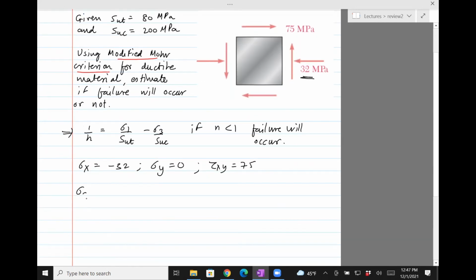So sigma A, B is, using the same formula I wrote down earlier, minus 32 plus 0 divided by 2. That's sigma x plus sigma y divided by 2, plus or minus the square root of sigma x minus sigma y divided by 2, square, plus tau xy square.